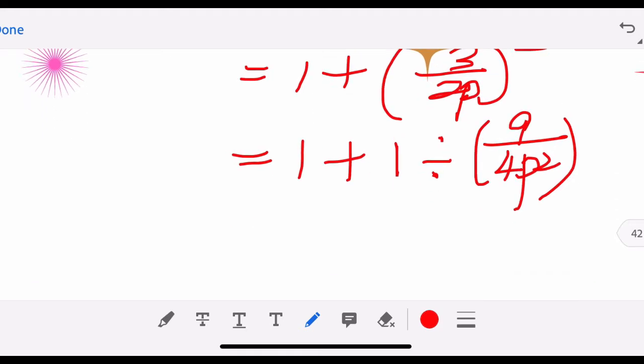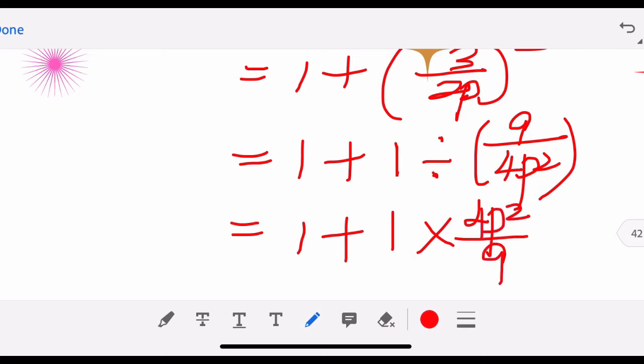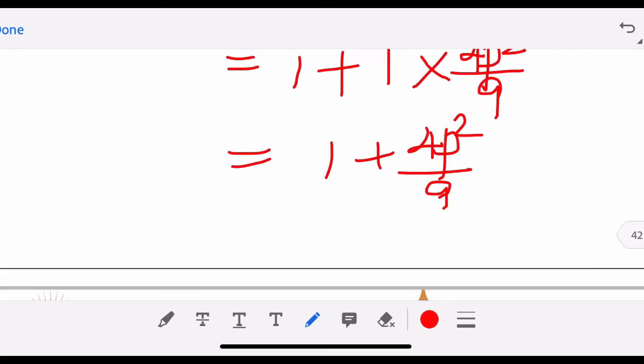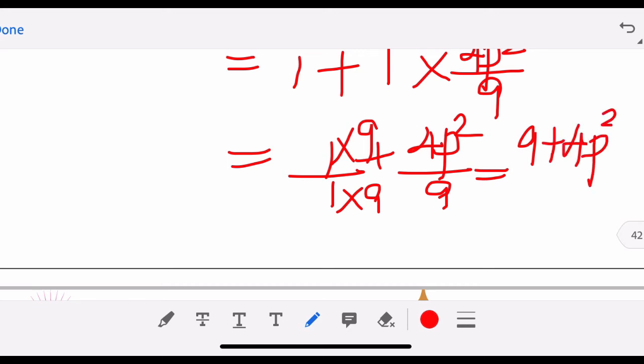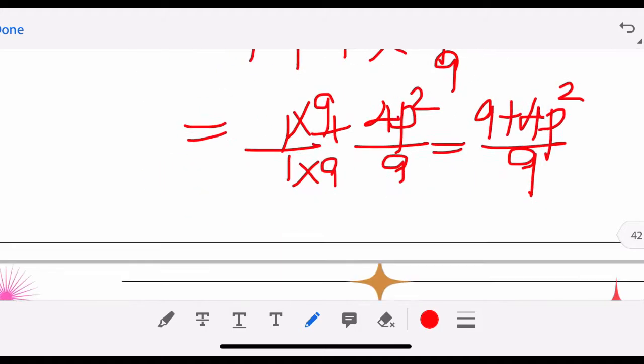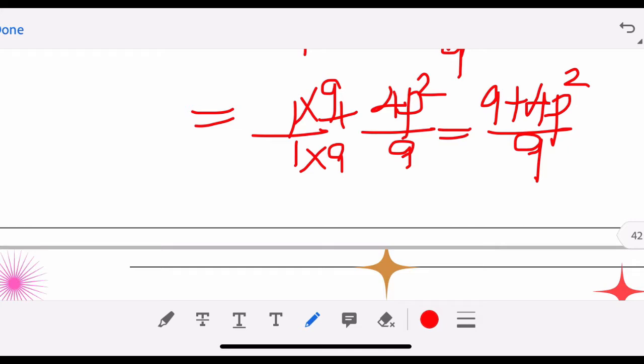You need to be very careful when you solve fractions, so it becomes multiplied by 4p squared over 9. Finally you will get 1 plus 4p squared over 9, but normally we expect you to multiply by 9 so the answer looks like the simplest form to get the final answer mark. Make sure the answer is in simplest form. That will be 1 mark, right?